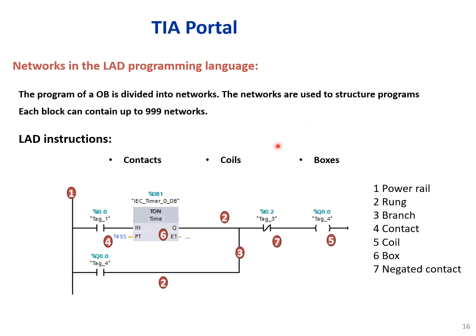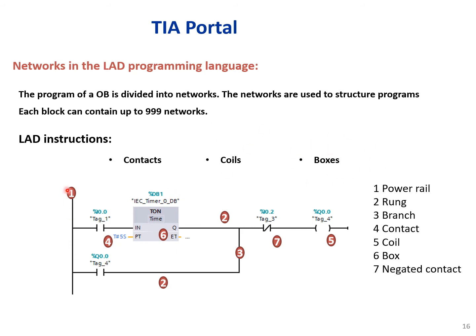Networks in the ladder logic programming language. The program of an organization block is divided into networks. The networks are used to structure programs. Each block can contain up to 999 networks. LAD instructions are contacts, coils, and boxes.